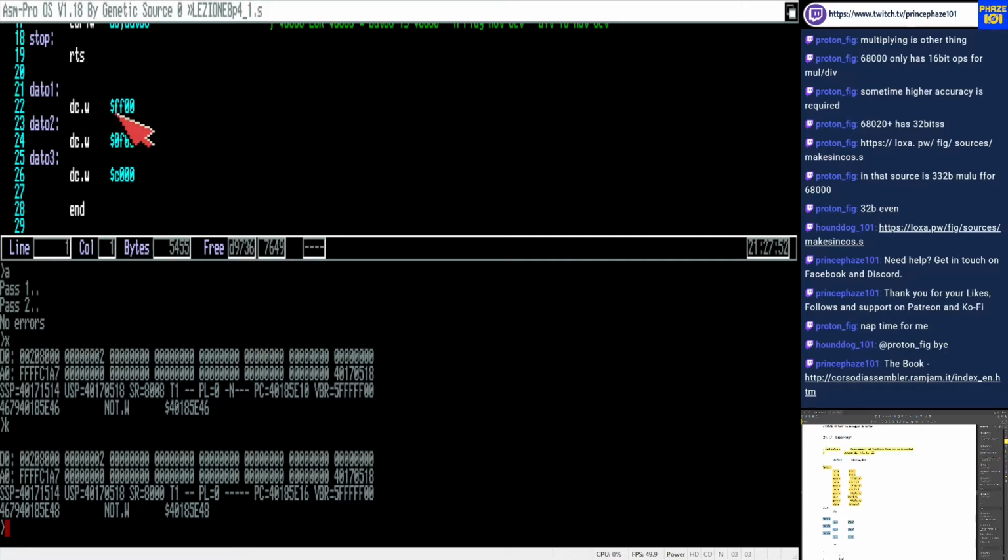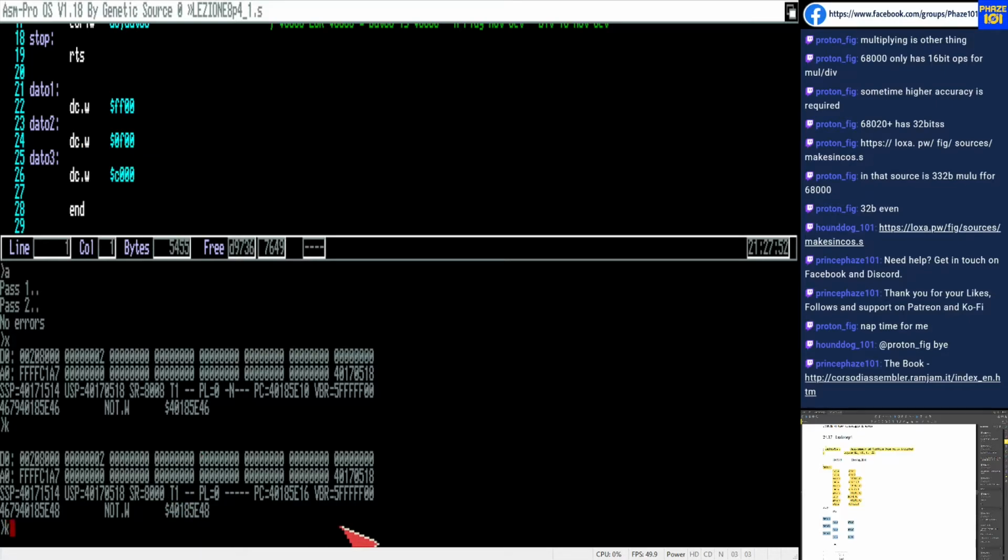So if we had FF00, this becomes 00FF. That's the first thing. The second one, we have 0F00. Because we're going to do a NOT on that one too, this will become F0FF.